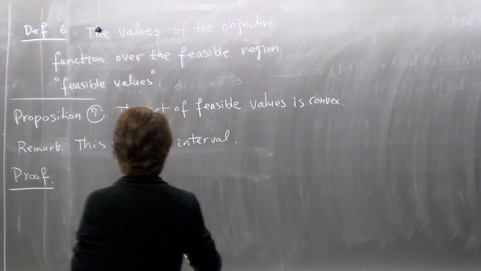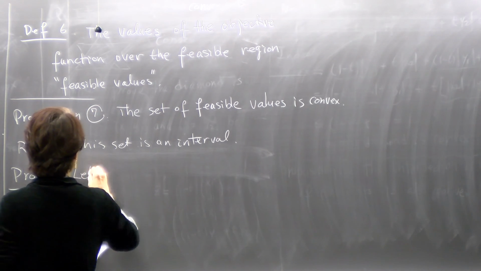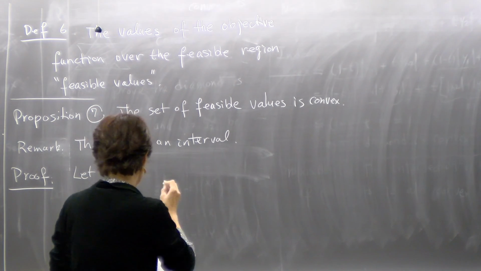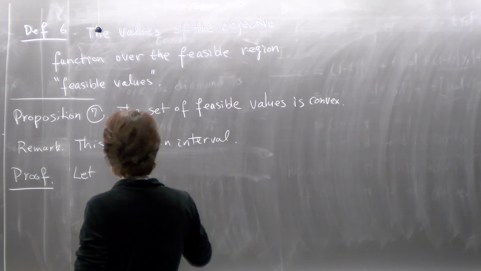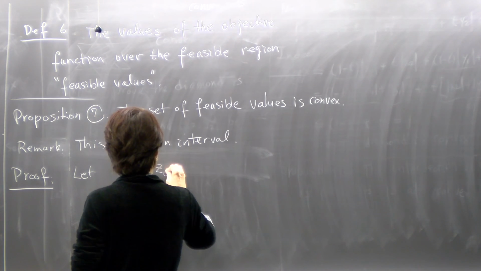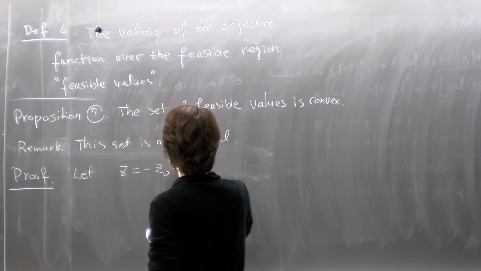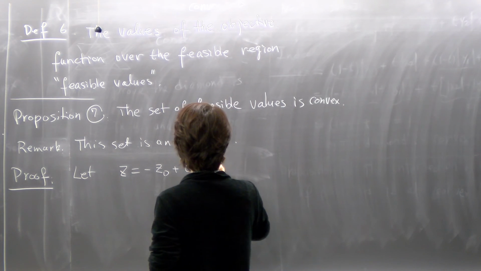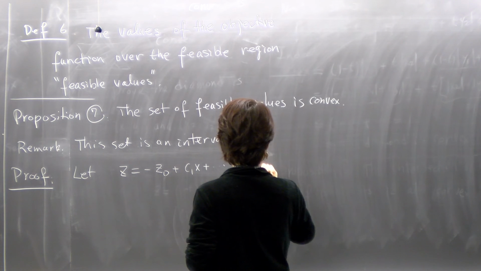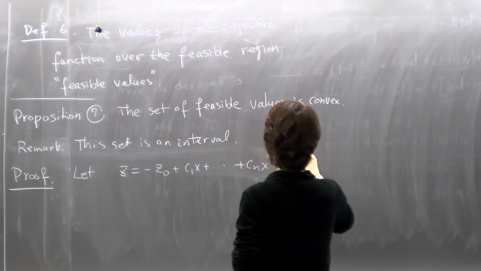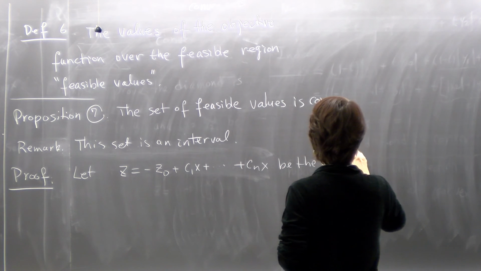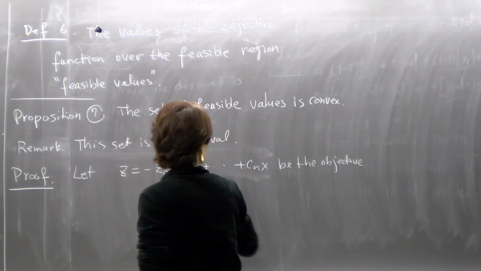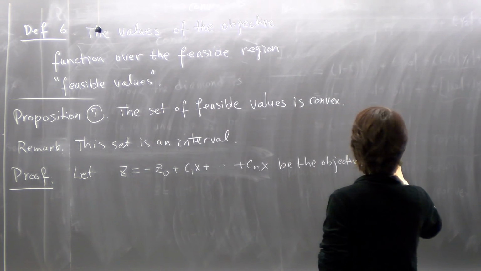Okay, so let's write down the objective function because we know what it looks like. Let's say the objective function is the following: z = z0 + c1x1 + ... + cnxn.